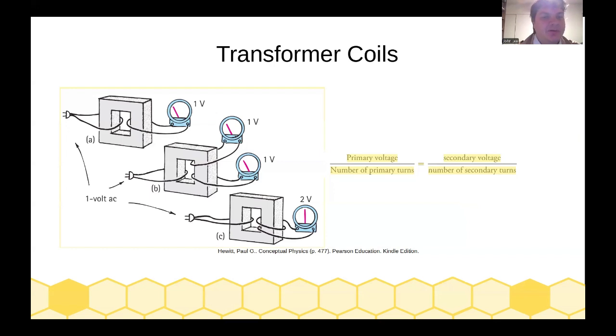Because the voltage induced is dependent on the number of coils, we can change the output voltage by changing the number of coils going in versus the number of coils going out.